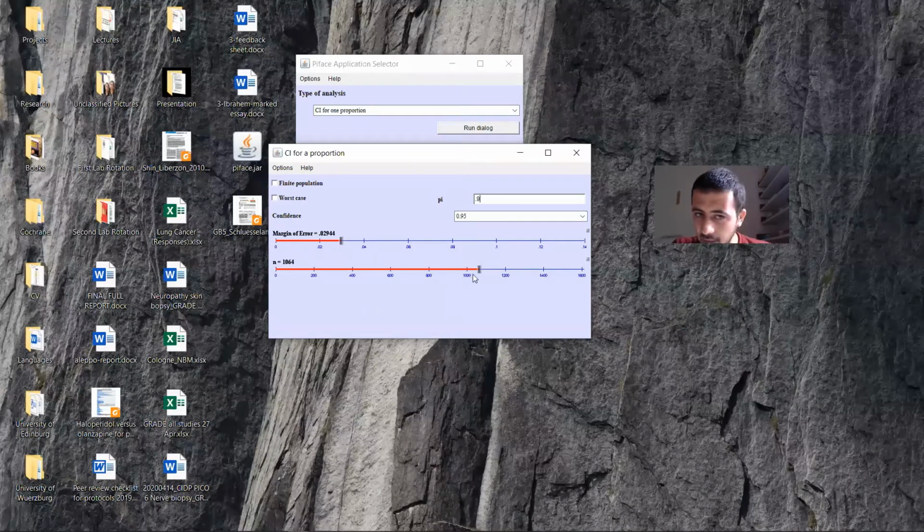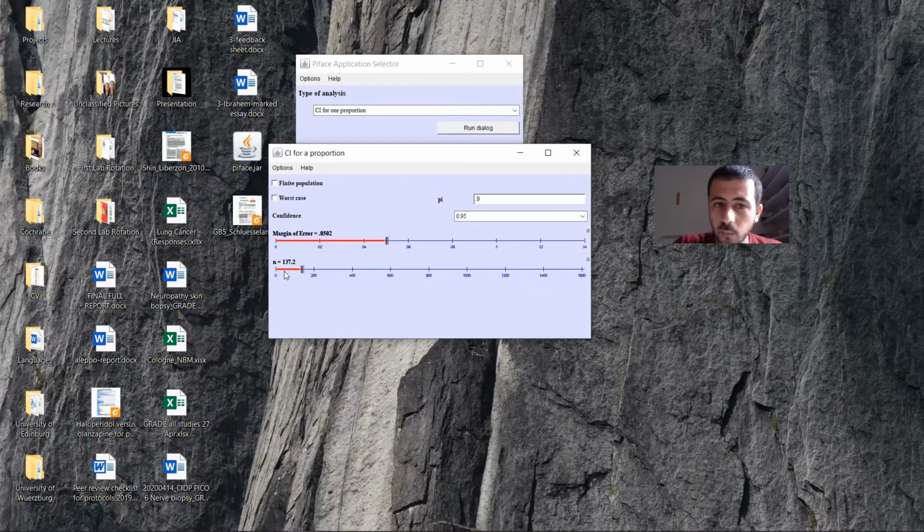Usually I don't change this because I don't have those numbers. I will go here and say I will accept 5%. So if I have a proportion of 90% and I accept a margin of error plus minus 5%, how many participants do I need?